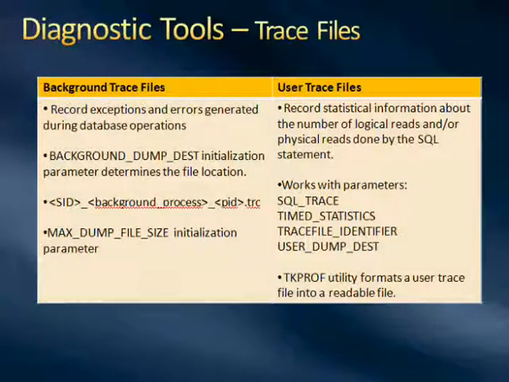There is a naming convention right here, which is SID, the system identification, then an underscore, then the background process that generated the file, then PID, the process ID, which is a number, and the extension is TRC.